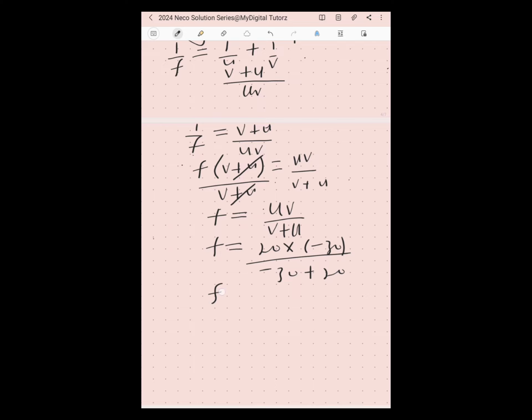So that makes our f equal to 20 multiplied by minus 30, which gives us minus 600, all over minus 30 plus 20, which gives us minus 10. So we cancel the minus, and that implies f is equal to 60 centimeters.